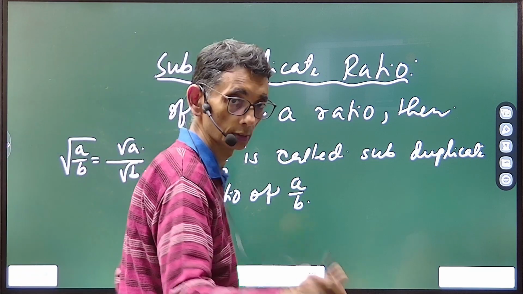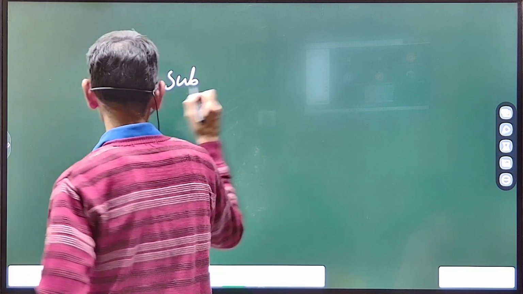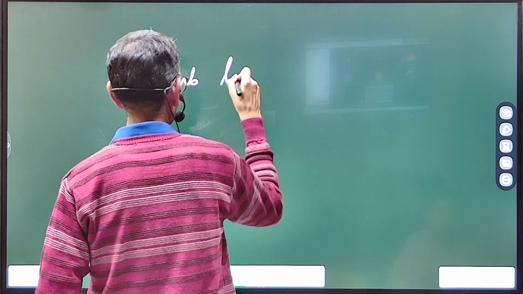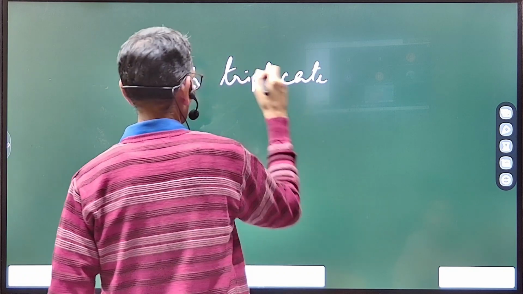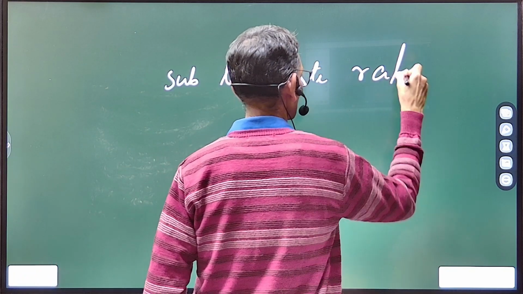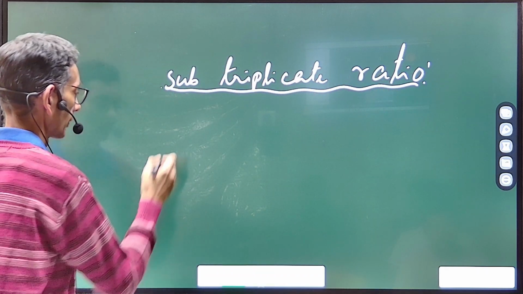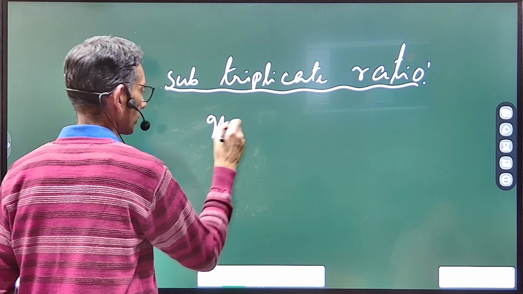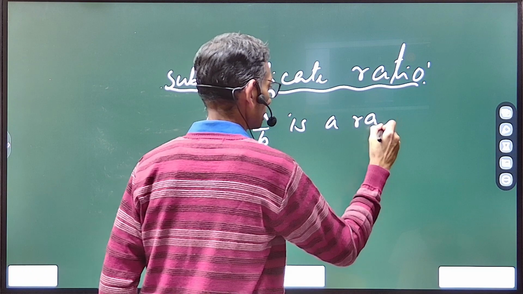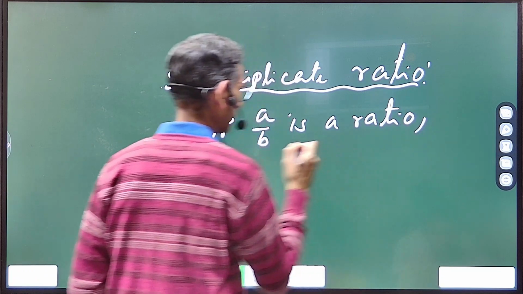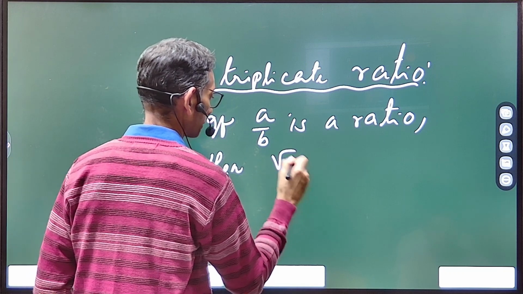Subtriplicate ratio. What is the subtriplicate ratio? If A by B is a ratio, then you know how to write the cube root of A?